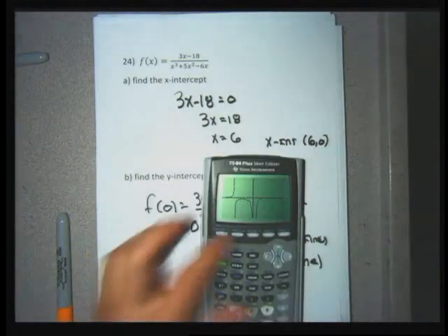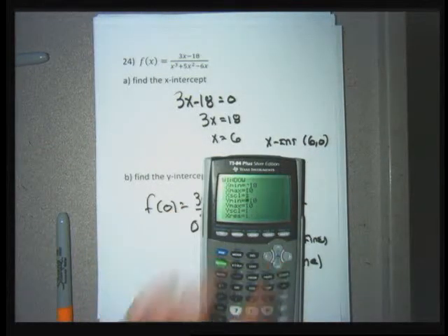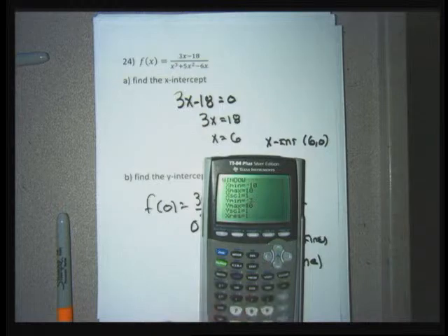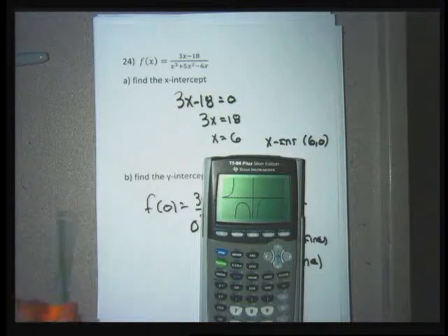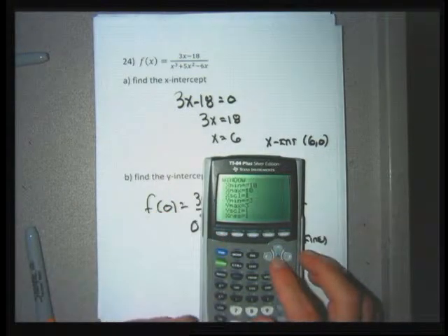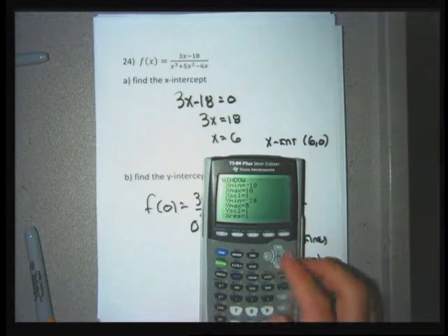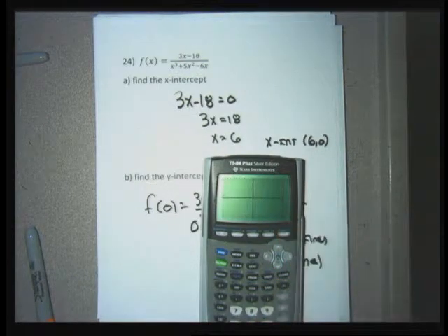If I scrunch the window down to make the y's a lot narrower, maybe if I make the y's go to the 3's, you might see the x-intercept better. Maybe you will, maybe you still won't. You may have to go to the 1's to make the x-intercept pop out. So on the y's, I'm going to go down from the 3's to the 1's and see if I can show that x-intercept a little bit better.